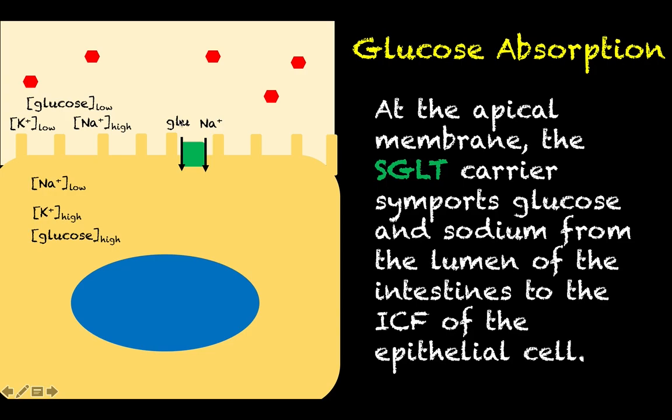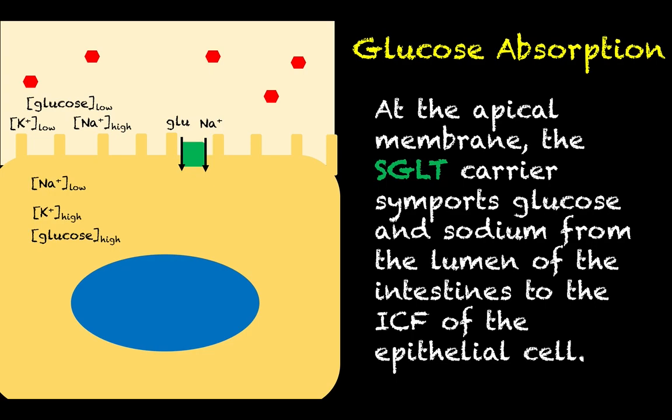Glucose is going to move from low to high concentration at the same time as sodium moves from high concentration in the luminal fluid to low concentration in the intracellular fluid. So sodium is moving down its concentration gradient at the same time as glucose moves up its concentration gradient. So secondary active transport. So after this has been accomplished, glucose now exists in the intracellular fluid.